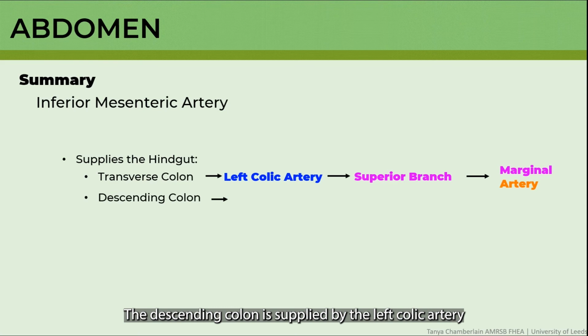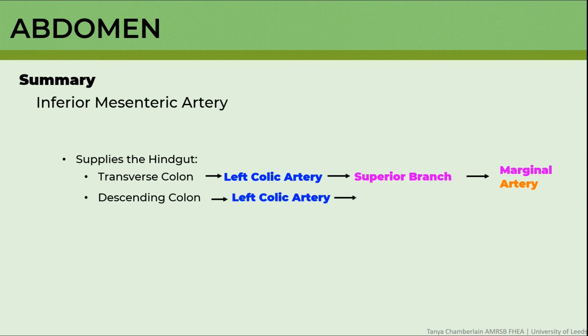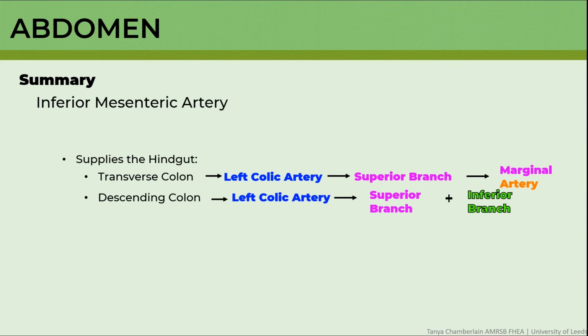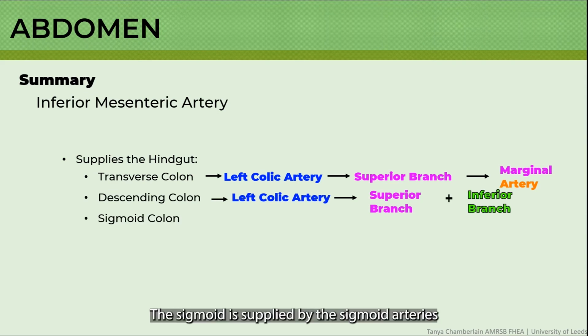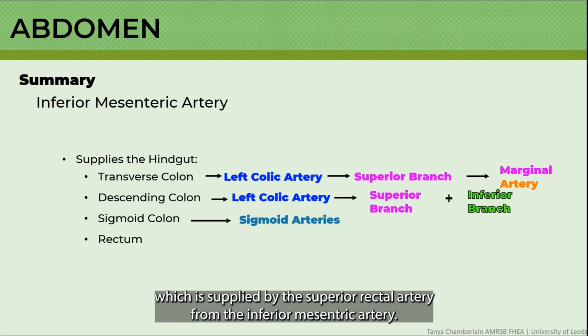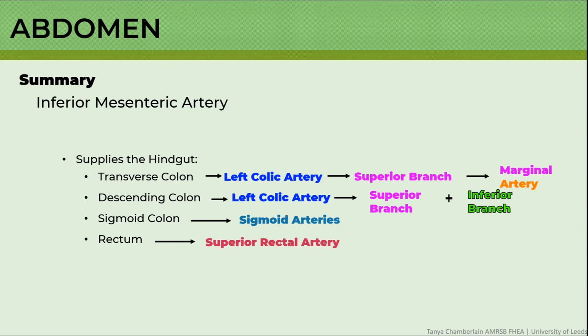The descending colon is supplied by the left colic artery via the inferior and superior branches. The sigmoid is supplied by the sigmoid arteries. And finally, the rectum, which is supplied by the superior rectal artery from the inferior mesenteric artery.